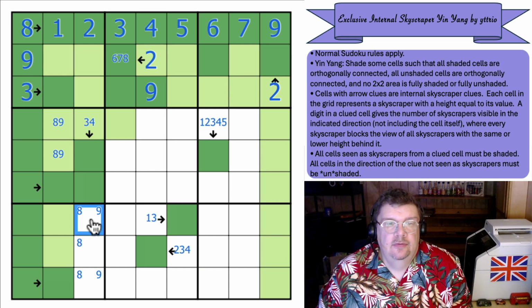If that were 8, then that would be 9. Those two would be shaded, and that would be unshaded. If that weren't 8, 9, if that were 8, with that not being a 9, then that would be a 9. Those would both be shaded, and that unshaded.